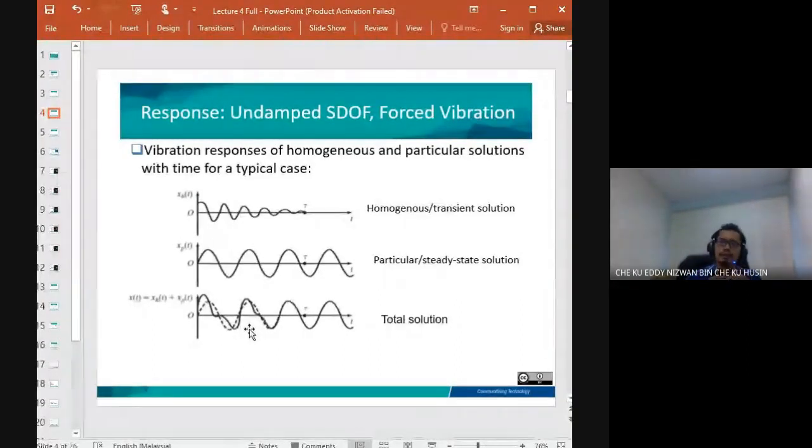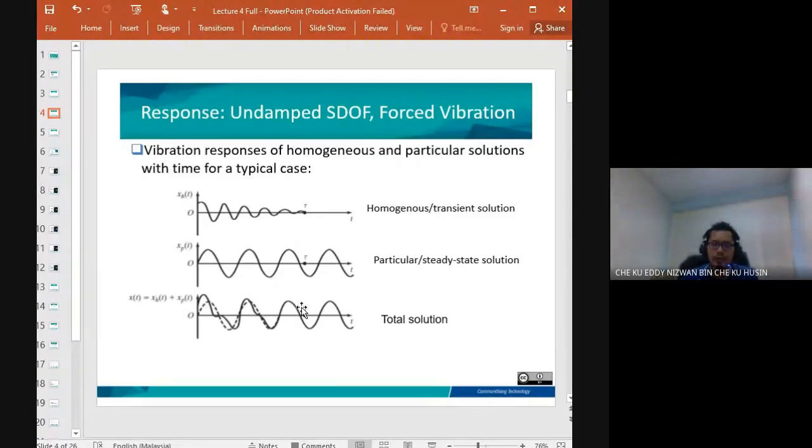The homogeneous is a transient, which has damping, so after a certain period of time it will diminish from the total response. After that it is dominated by the steady state solution or particular solution. So that's the example of the total response.